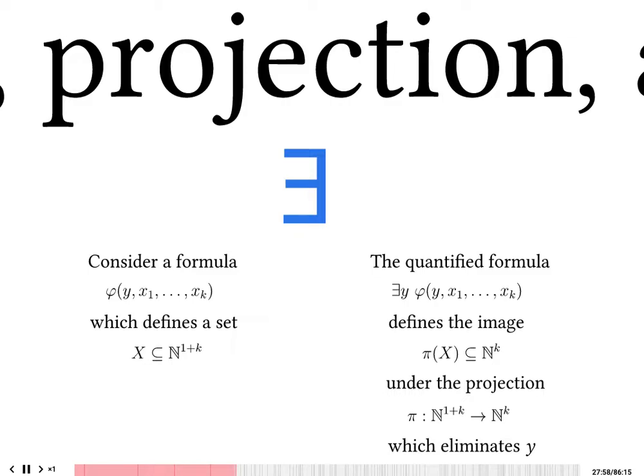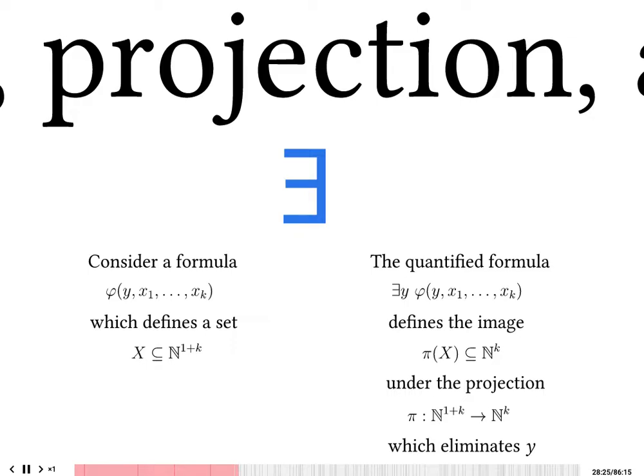So the projection operation inputs a k plus 1 tuple and outputs a k tuple, which is obtained by erasing the first coordinate. And so existential quantification for formulas corresponds, on the side of the semantics, to taking a relation of higher arity and projecting the tuples in that relation to some subset of coordinates by eliminating the existentially quantified coordinate.